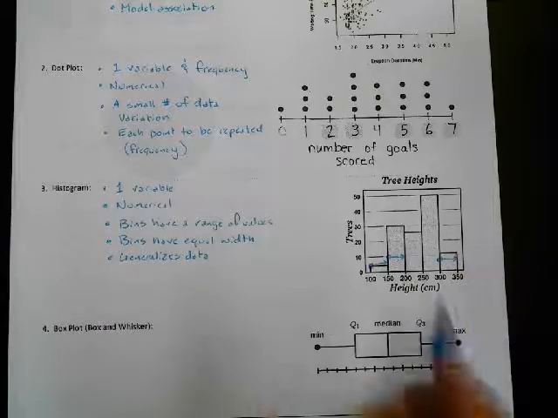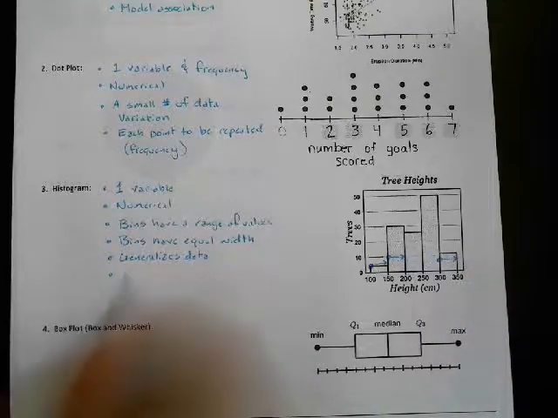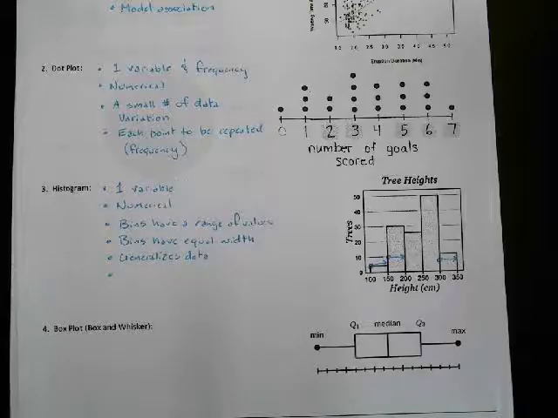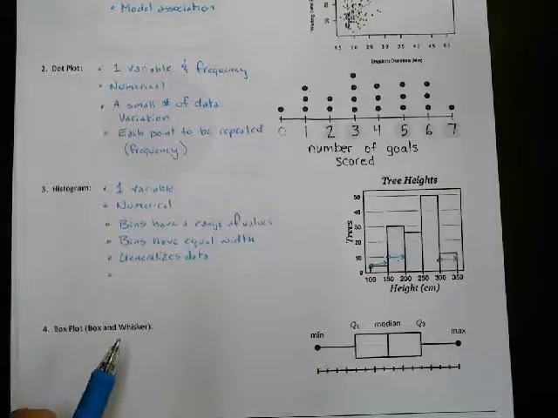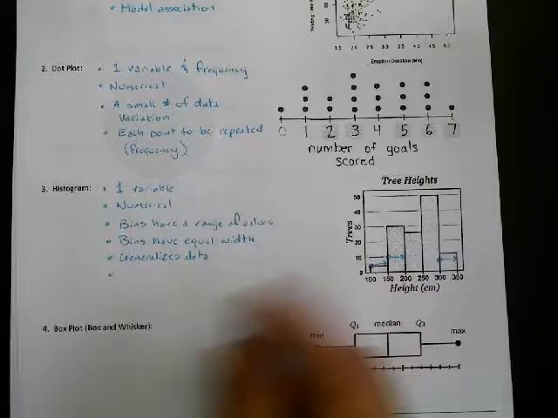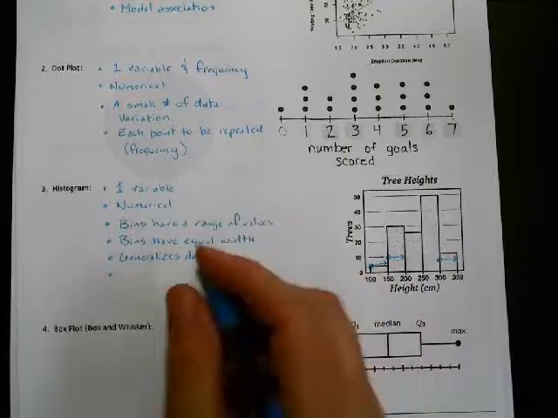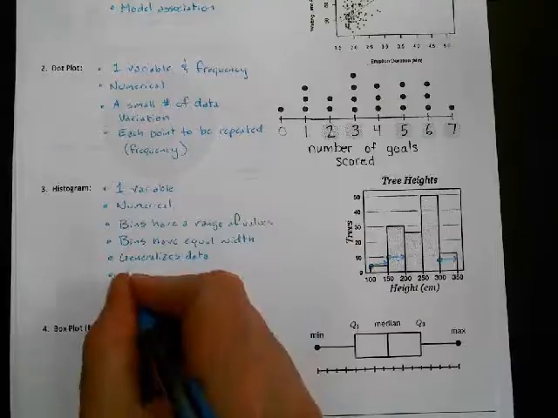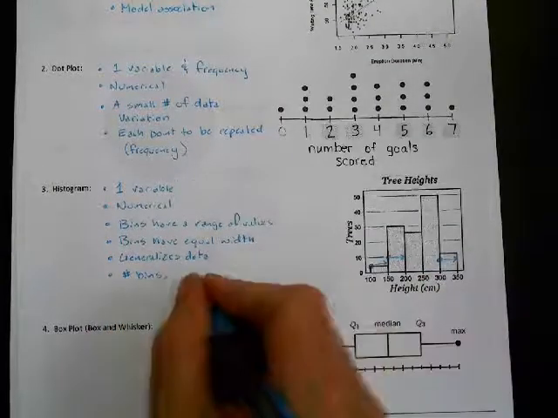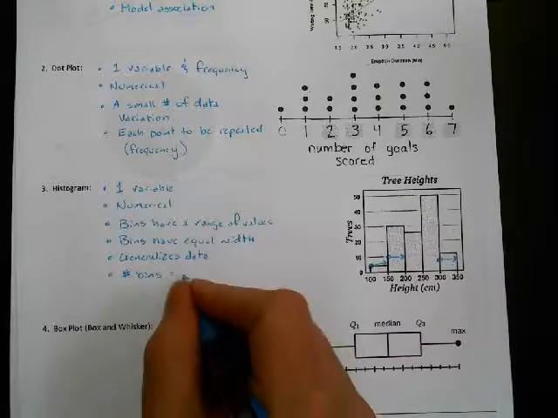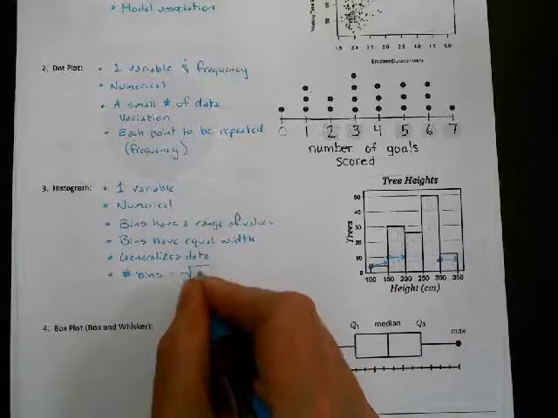One extra thing, if you're wondering how many bins to use, like why did they use 1, 2, 3, 4, 5? Why did they use 5 bins? Just in general, a good rule of thumb is that a good way to tell how many bins you could do is to take the square root of the number of numbers that you're looking at.